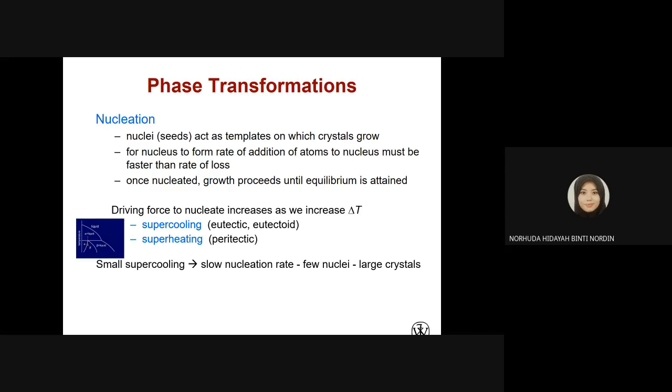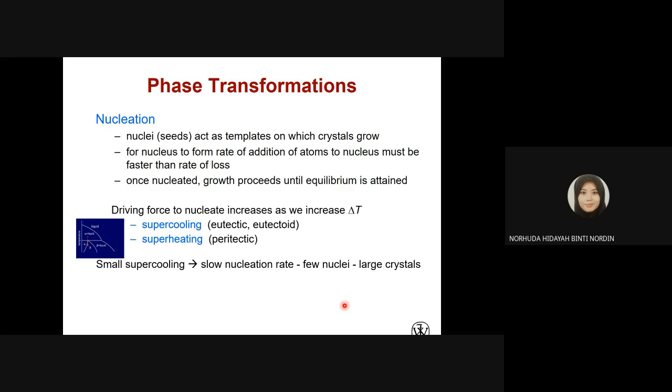Peritectic is when one solid and one liquid, here alpha is solid and the liquid, transform to only one solid phase. It is called peritectic. To get a peritectic, we do superheating.